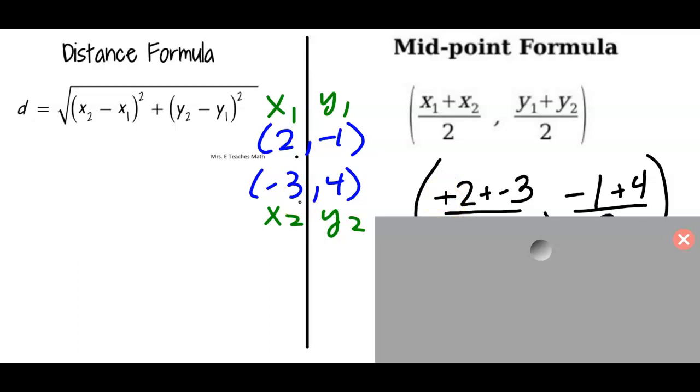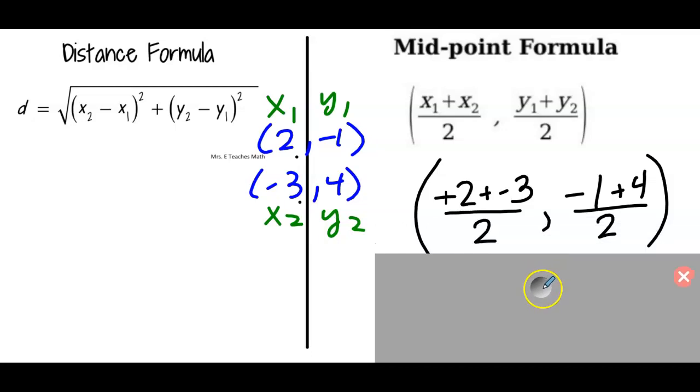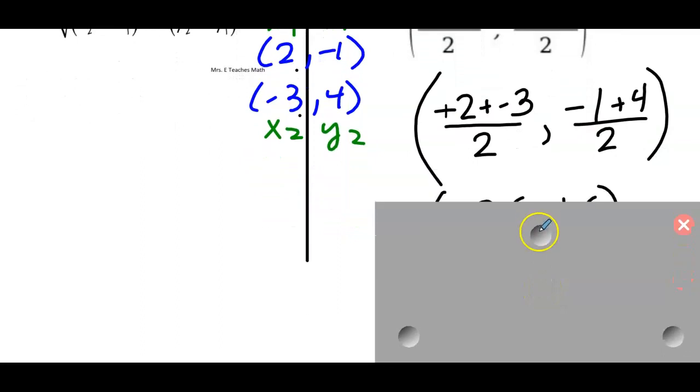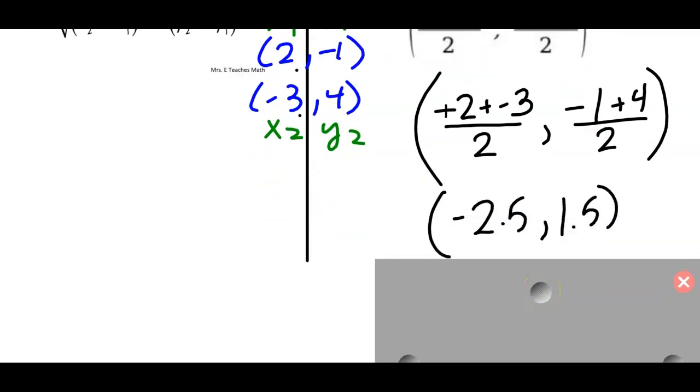And then -1 and 4, so I bet I have my math wrong on this, divided by 2. 2 plus -3 is going to give us -1/2, which is -0.5. Because this will be -1 over 2. Okay, so sorry about that error. So that's how we do midpoint and distance formula.